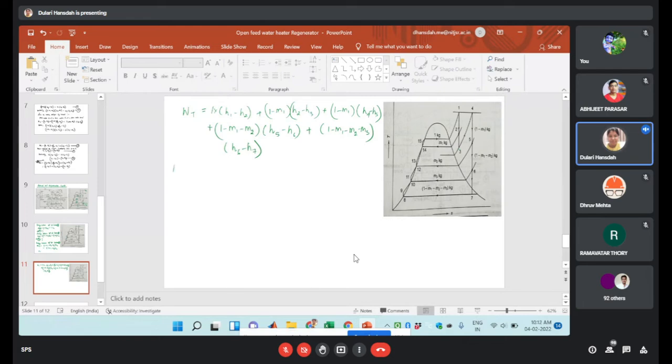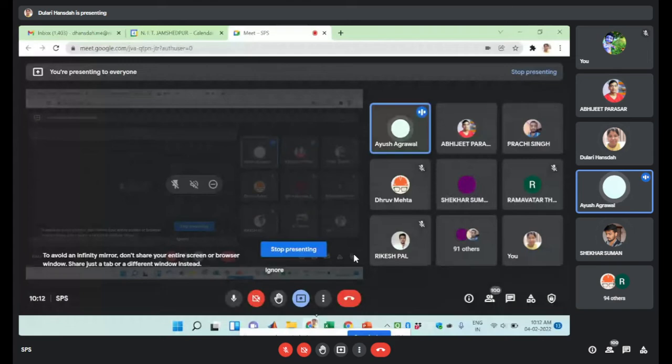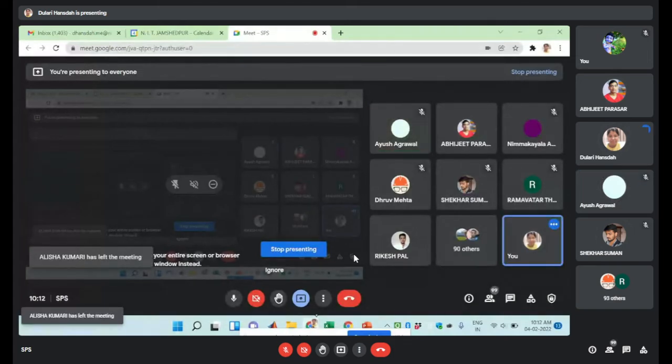Okay, so then we will have the pump work. The pump work is WP. Pumping is done in the 8 to 9 process, 10 to 11 process, 12 to 13 process, and 14 to 15 process. First one is the 8 to 9 process. In this case, how much mass is used? 1 minus m1 minus m2 minus m3.